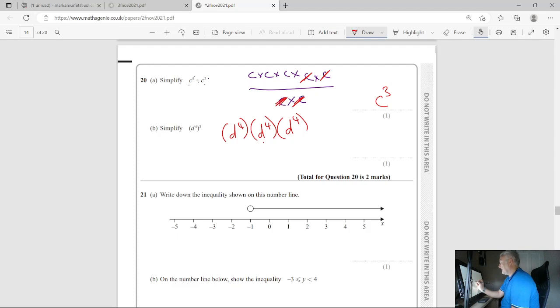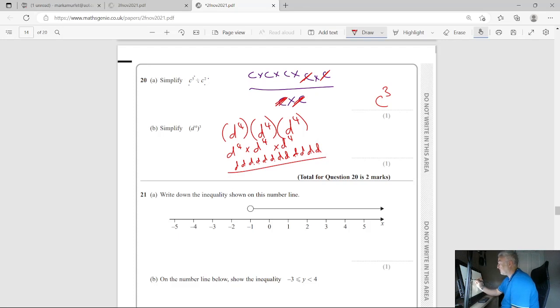If we just took that end one off, d to the power of 4 times d to the power of 4 is d to the power of 8. 1, 2, 3, 4, 5, 6, 7, 8, times 4 more. 1, 2, 3, 4. I've got 1, 2, 3, 4, 5, 6, 7, 8, 9, 10, 11, 12.